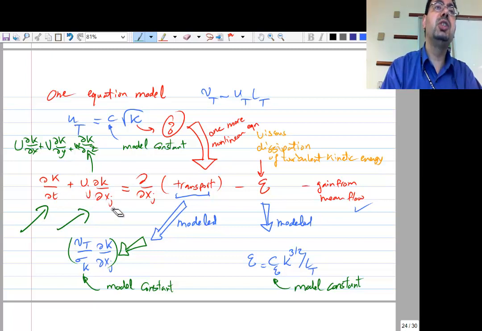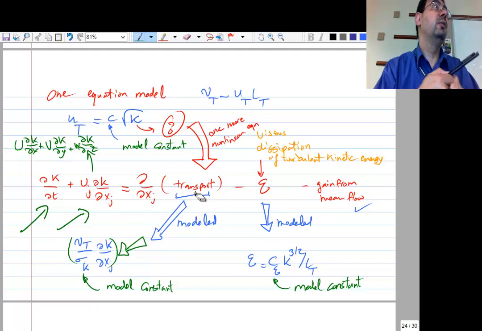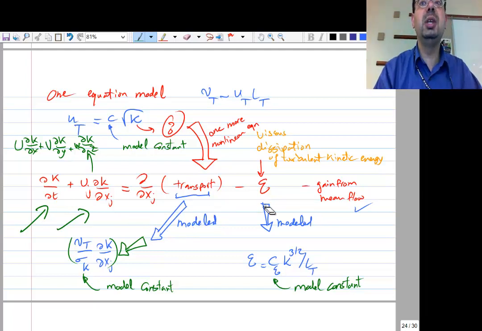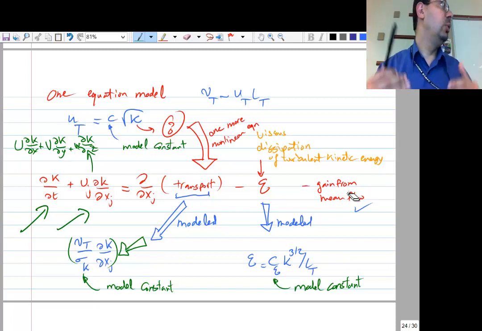U partial K partial X. That must be the convective term, right? Unsteady term, convective term, and then a diffusion term. Just like velocity was diffusing, also K is diffusing, then a dissipation term, and a source term, gain from mean flow. So they are modeling it exactly like they modeled the momentum equation. All right?